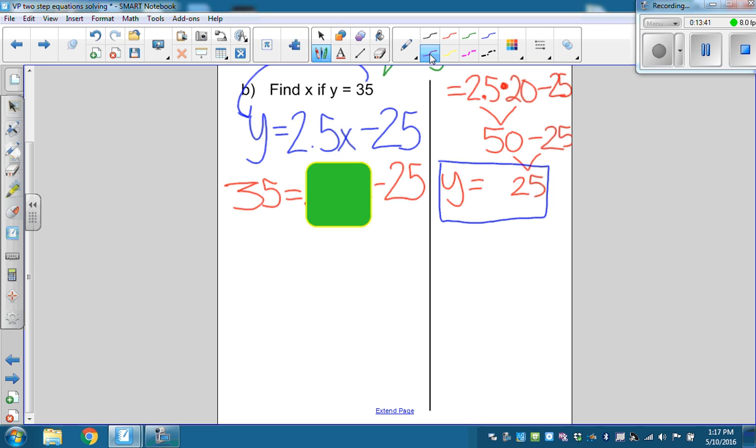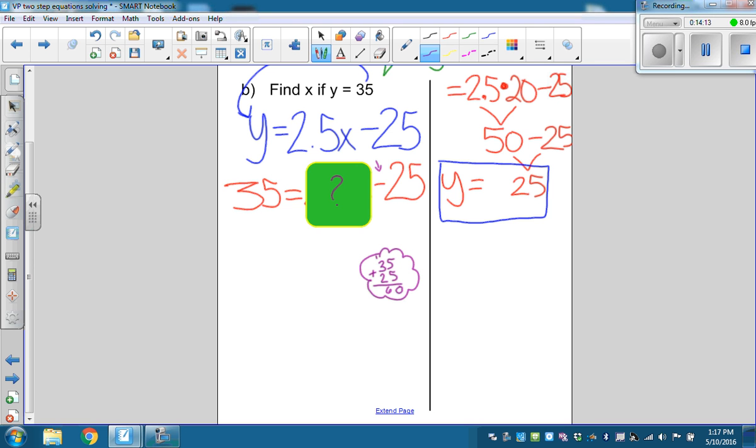So if you haven't figured it out, it has to be a number that's bigger than 25. And since I'm doing subtraction over here, I'm going to do the inverse operation, do a little scratch work, and think about my inverse operation. 35 plus 25 makes 60.